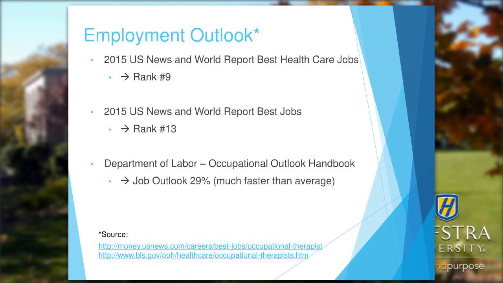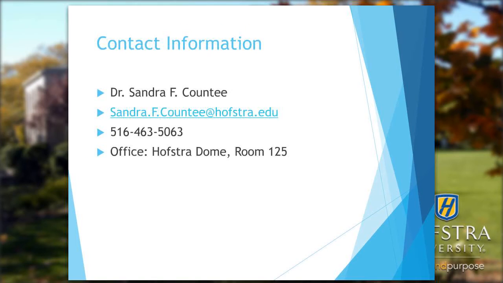The Department of Labor's Occupational Outlook Handbook indicates a bright future in terms of employment for occupational therapists. Job outlook is projected to be much faster than average, at 29%. If you have any additional questions, this is my contact information, and you can feel free to contact me.